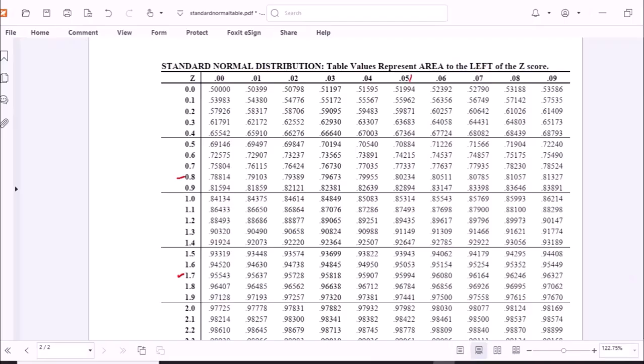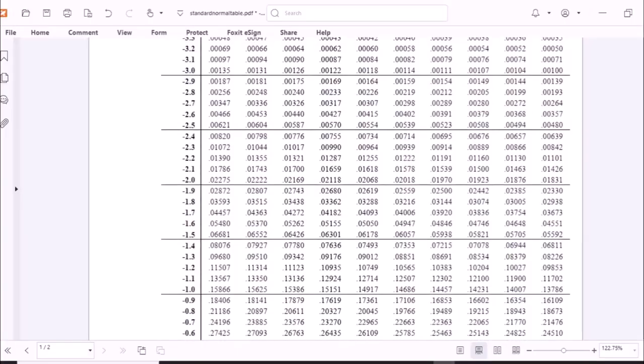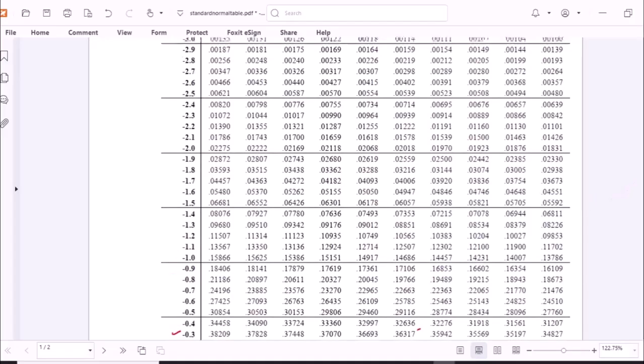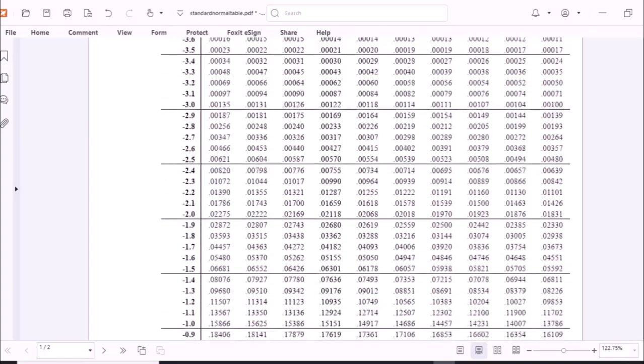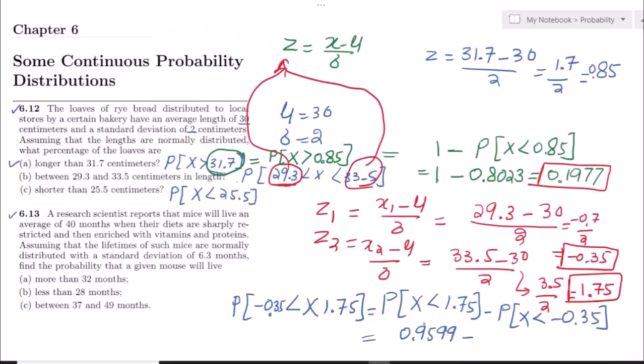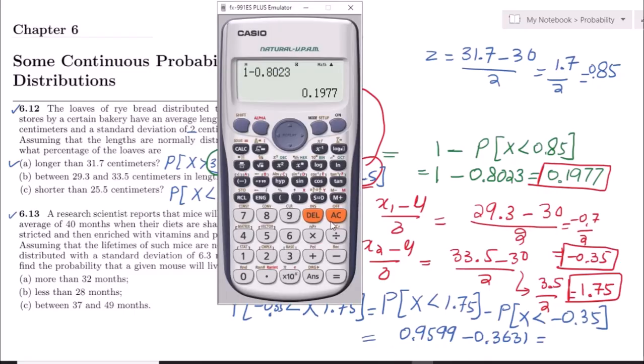Minus 0.3 is here, this is minus 0.3, and this is the fifth one. Let me see, is it the fifth one? Yes. Okay, so 0.3631, subtracting it, let me subtract them.